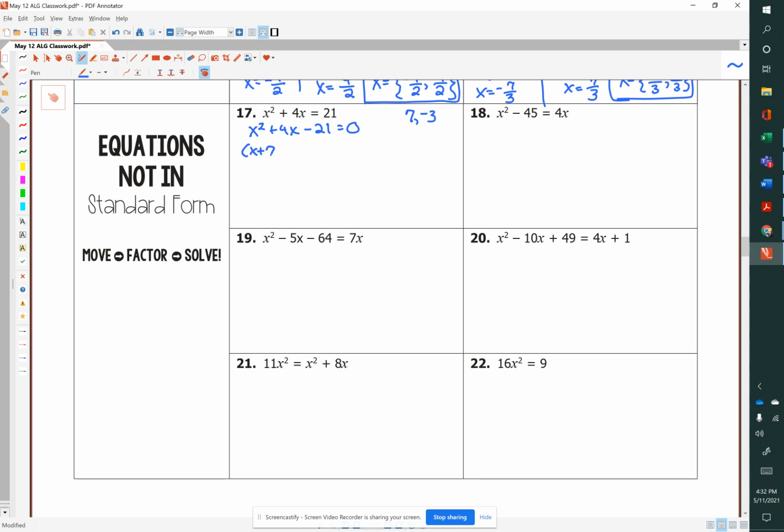X plus 7, x minus 3 equals 0. And we'll solve x plus 7 equals 0 and x equals negative 7. And we'll solve x minus 3 equals 0 and x equals 3. And that is our solution set.